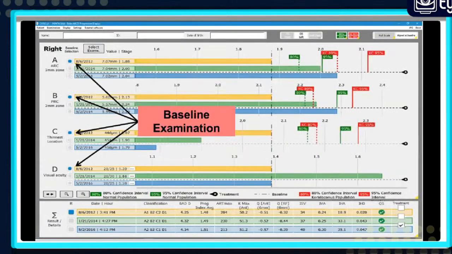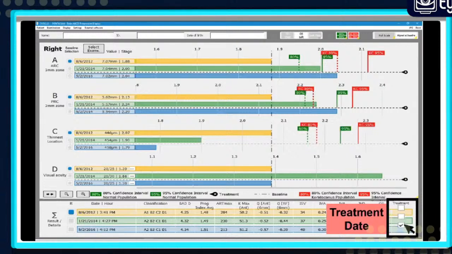So the first thing you should do in this display is to select your baseline examination of each parameter, and this is pointed by the black arrows. So the baseline examination is usually the first one, and this serves as your baseline for comparison of subsequent follow-ups. So if the patient already underwent cross-linking treatment, you should check on the tick box below the date when the patient was treated.